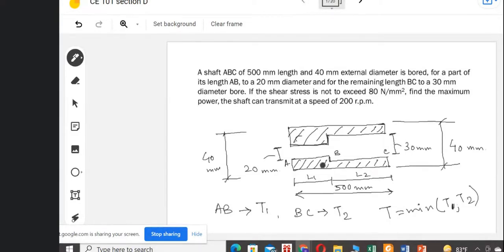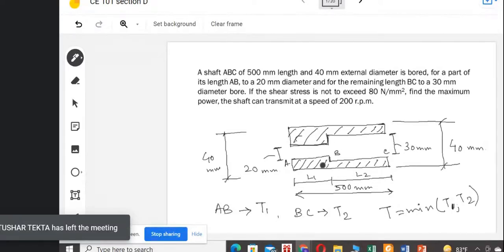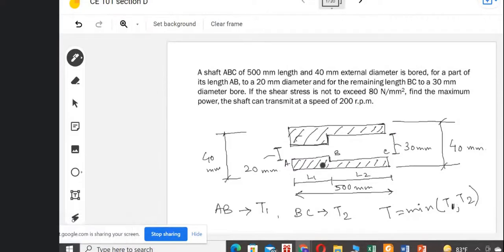How can we find out the torque for the AB section? Anyone can tell, please.